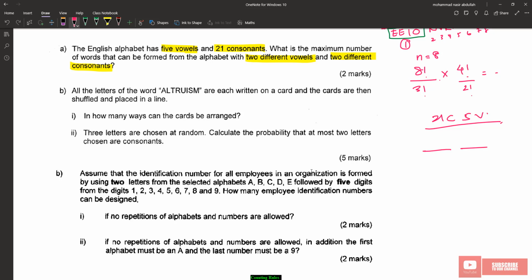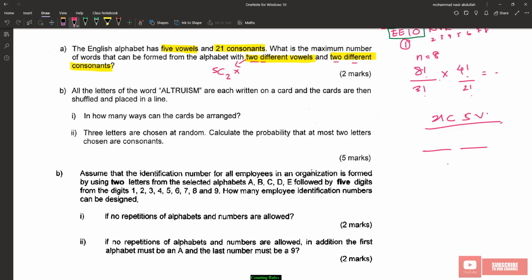Two letters, right? 2 different vowels. Sorry, no. It means there are 4. 1, 2, 3, 4. Right? The first one, the vowels are different objects. A, E, I, O, U. Right? So we have 5 choose 2.